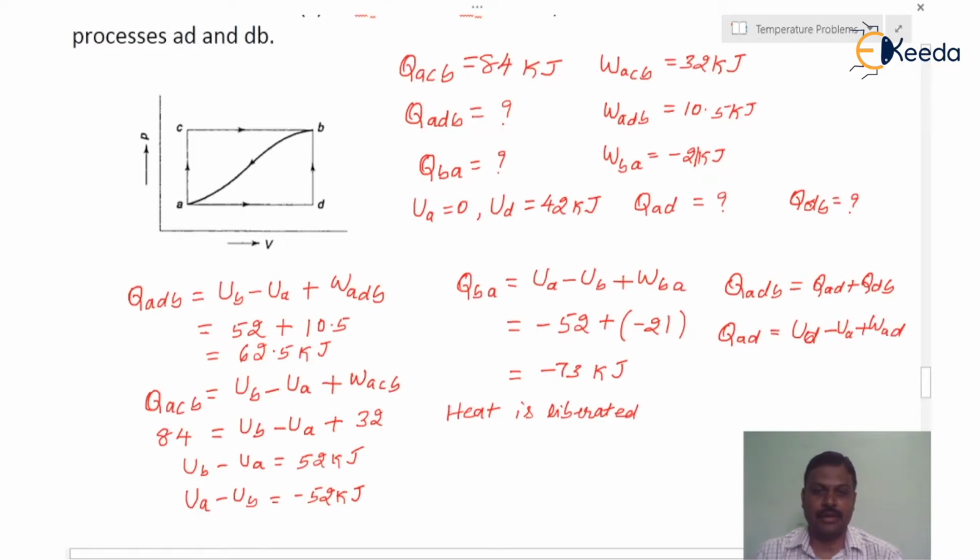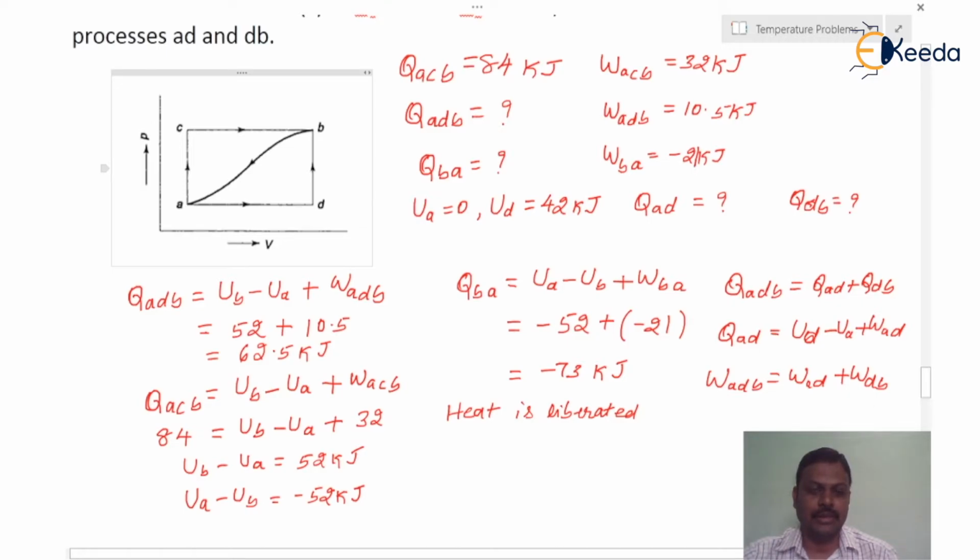Here we have UD and UA, and for WAD we will have WADB equal to WAD plus WDB, the work done along the process AD plus work done along the process DB.